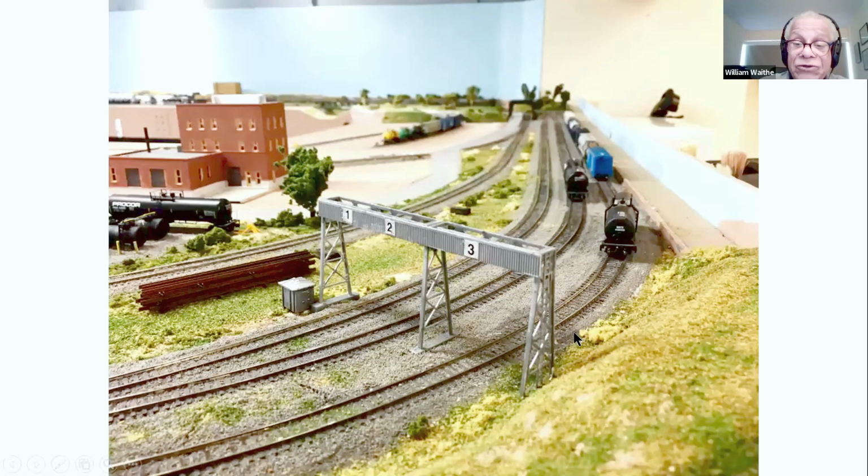And here's the landing yard, and this is where goods leave and get onto the layout. As I said, no rolling stock leaves the layout. We have over 100 cars that recirculate here as needed by the software program.